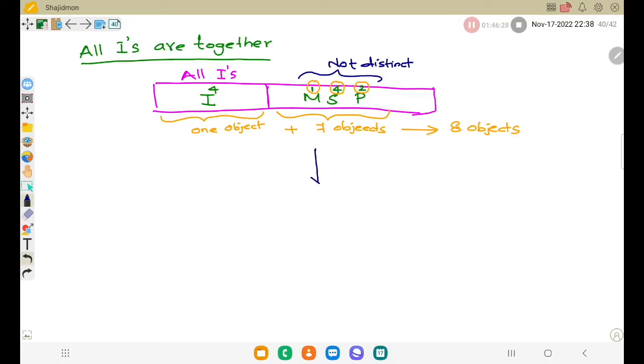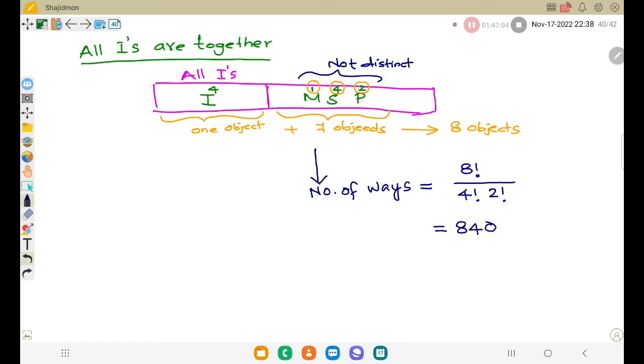So how many ways can we arrange? Not distinct means the rule is n factorial divided by p1 factorial, p2 factorial, like that, correct? How many objects? 8 objects. So 8 factorial divided by, S repeating 4 times, so 4 factorial, P repeating 2 times, so 2 factorial, correct? 8 factorial divided by 4 factorial, 2 factorial. What is that number?